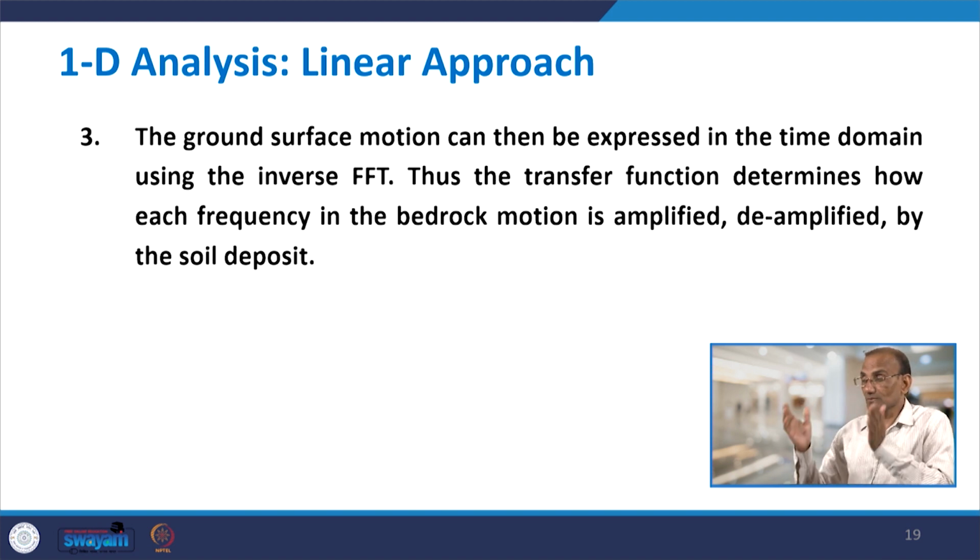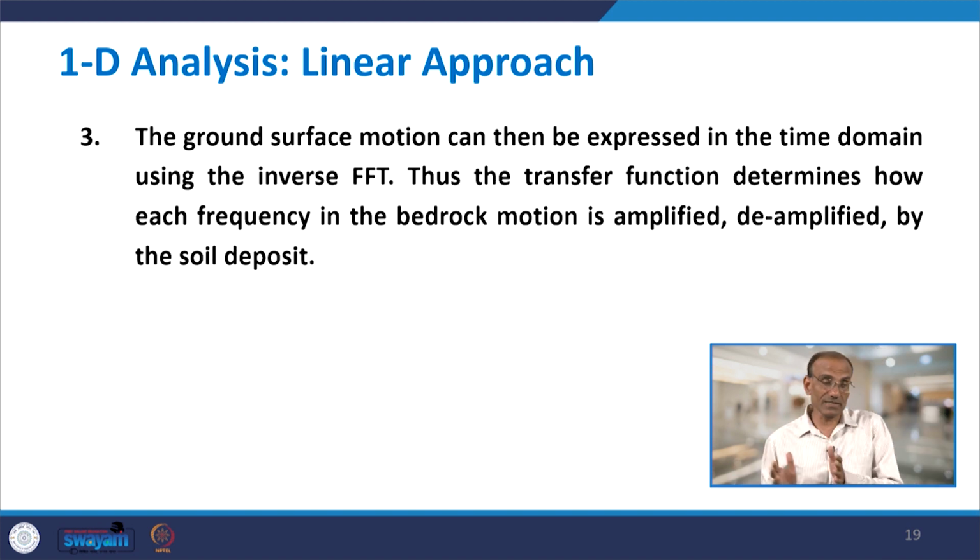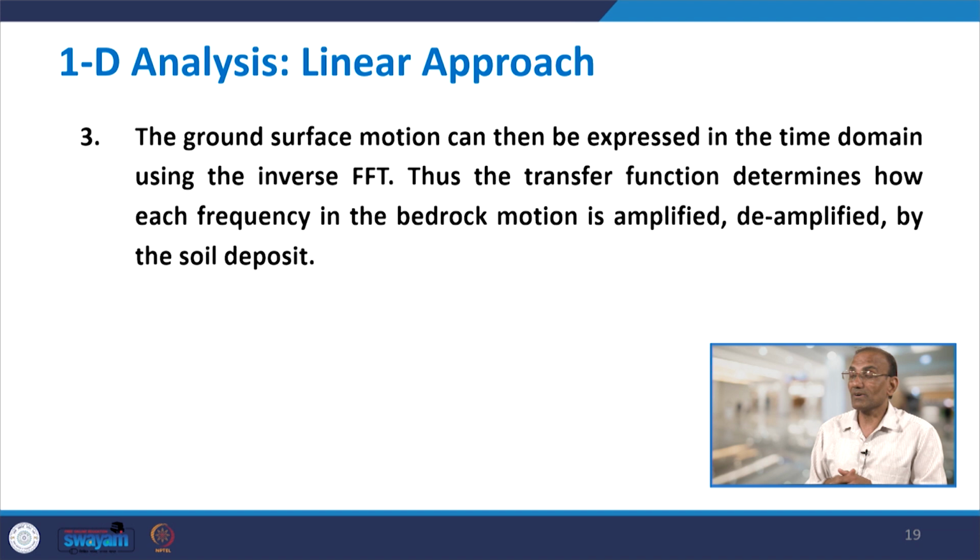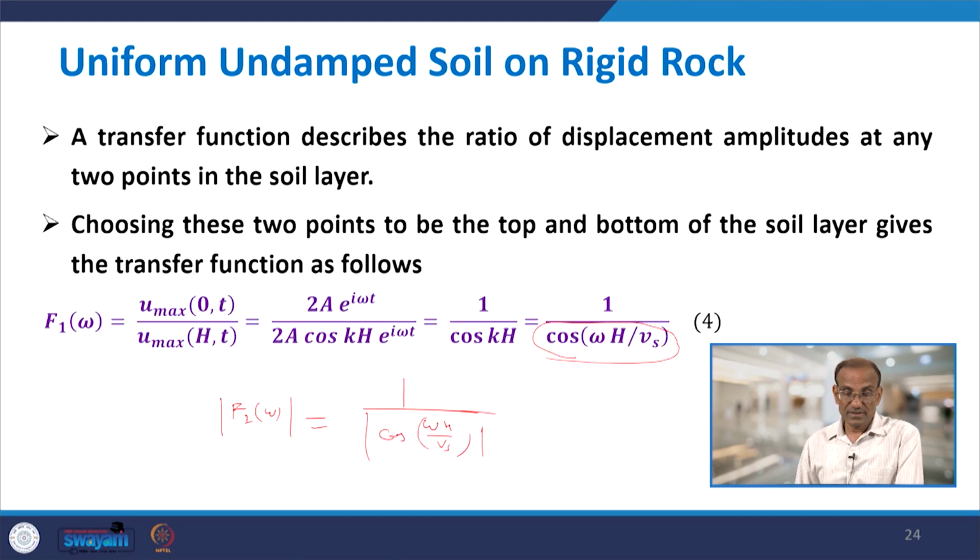First you do the FFT, find the Fourier response spectrum, and then multiply this Fourier spectrum with the transfer function, and whatever you get, apply the inverse FFT to get back the time history, which will not be the same as the original time history because it is multiplied with the transfer function. So, we will discuss one example here for this case.